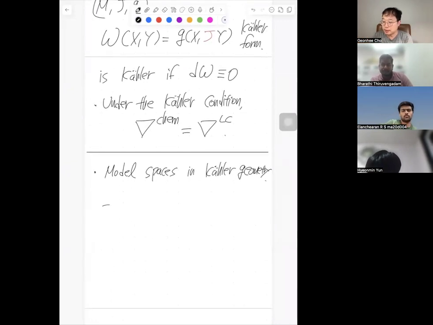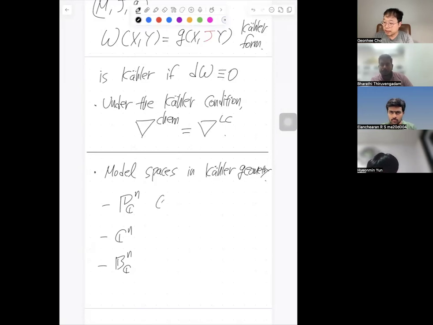So what are the model spaces? Of course, depending on the context, but the most default setting would be either CP^n or C^n or the complex hyperbolic space, or just a unit ball in C^n.